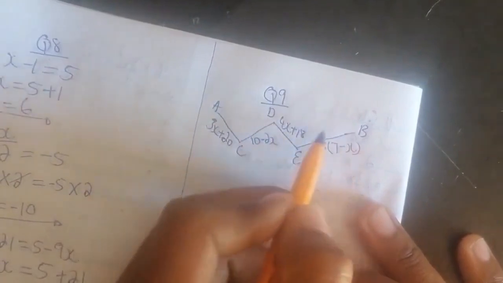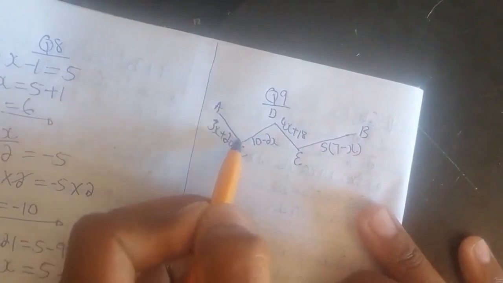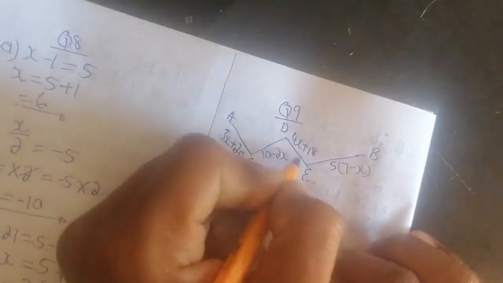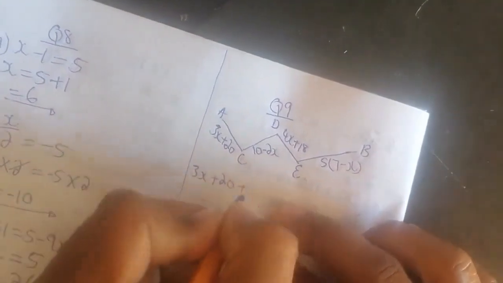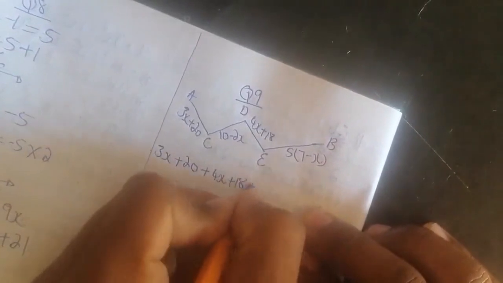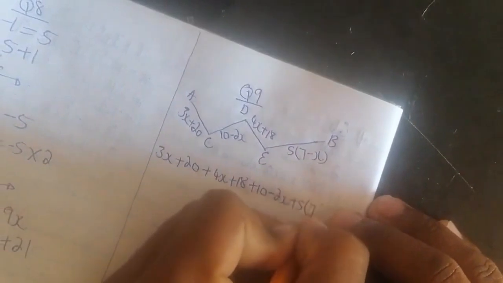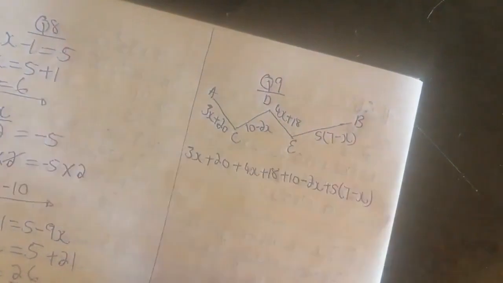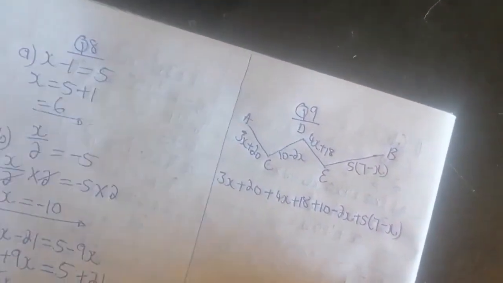So I'm just going to add these, because to get to B from A, I need to move in this sequence, meaning I'm adding all these: 3x plus 20 plus 4x plus 18 plus 10 minus 2x plus 5 into 7 minus x. That would be the distance. You're just adding all those things.